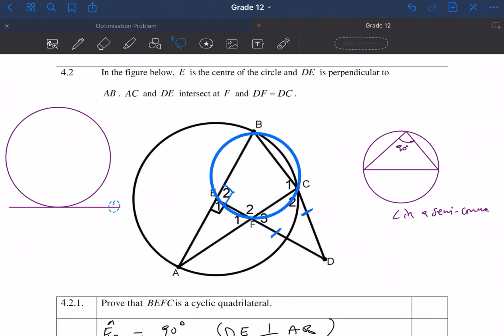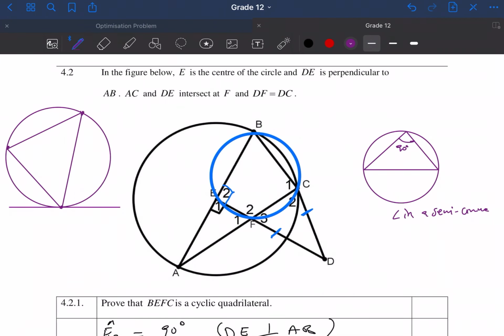So if you have a tangent to the circle, and then you have this polygon within the circle, it touches all the points: the point here, the point there, and a point there.